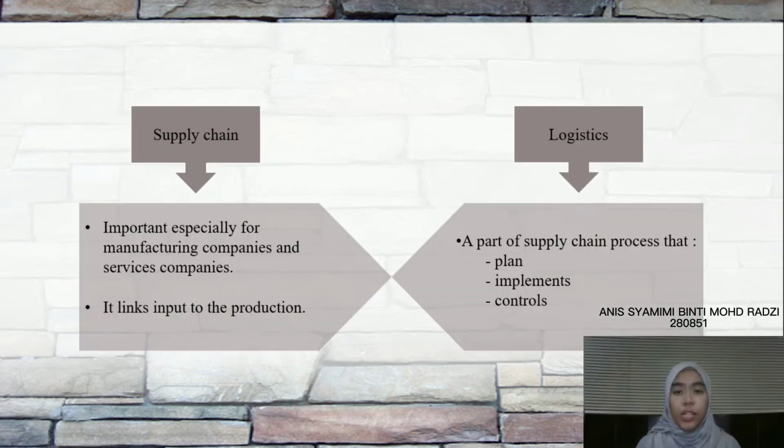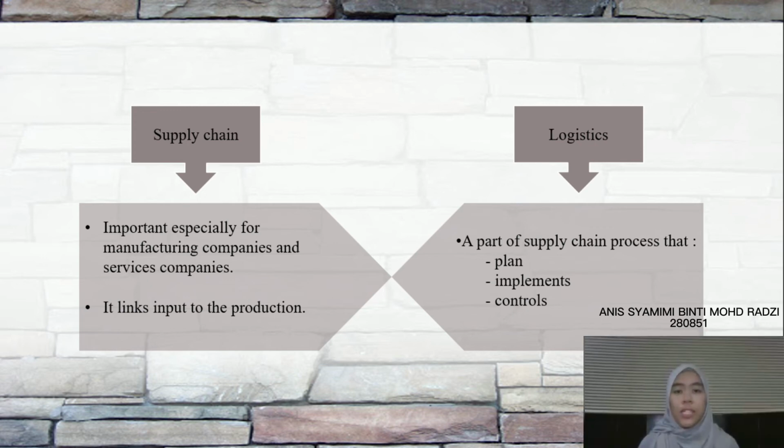First and foremost, we need to know what supply chain is and what logistics is. Supply chain is important, especially to manufacturing companies and also service companies. Supply chain links suppliers, manufacturing companies, distribution and service companies in relation to producing and delivering goods or services to meet customer requirements.